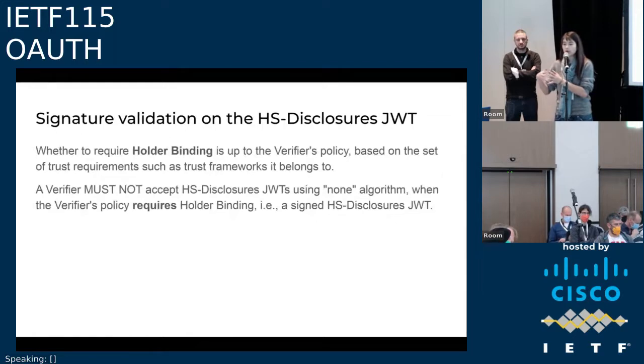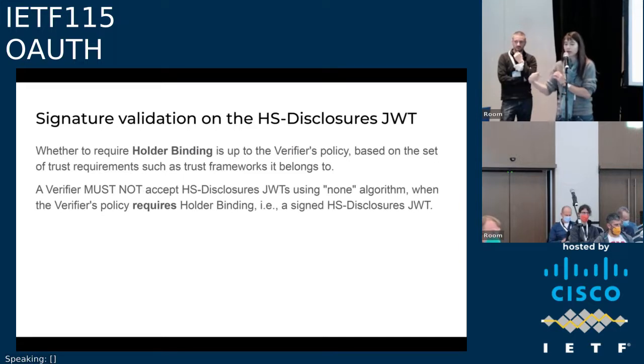No, the verifier must have a policy on whether it requires signing on the holder selected disclosures JWT or not. If it requires signing, meaning it requires holder binding, it validates that the signature on this HS disclosures JWT is done by the key signed over by the issuer. So the user is proving control of the same key both during issuance and verification.